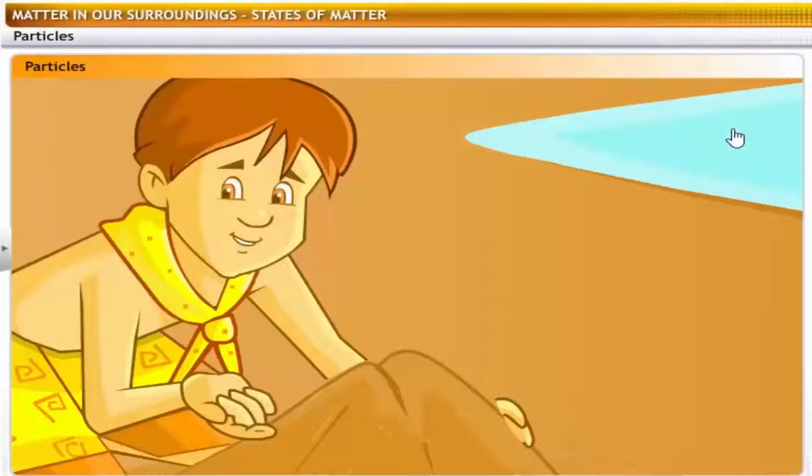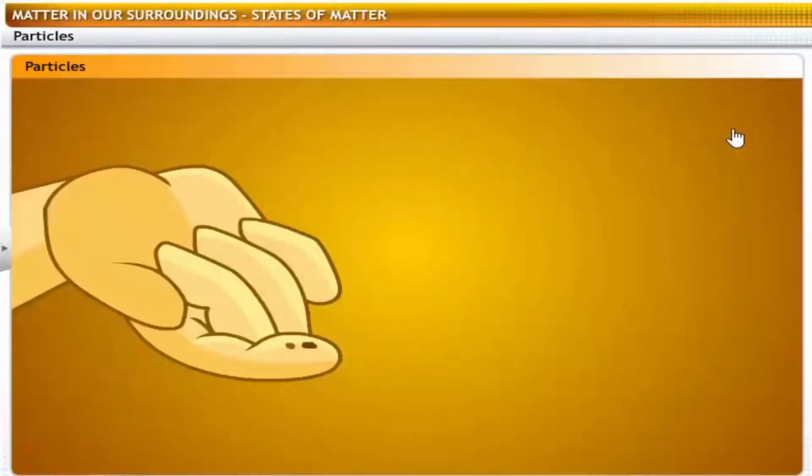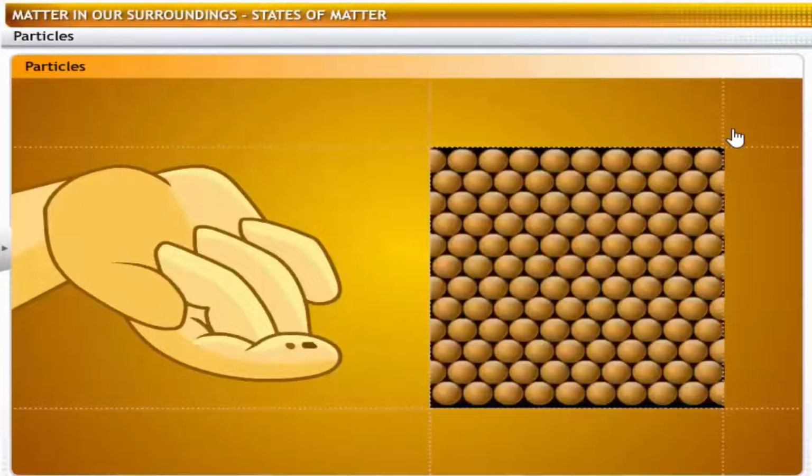Is this grain of sand a particle that you're talking about? No, that grain can be further broken into smaller particles, which are not visible to the naked eye. Those are the particles I'm talking about, and they explain why matter exists in the form of solids, liquids, and gases.